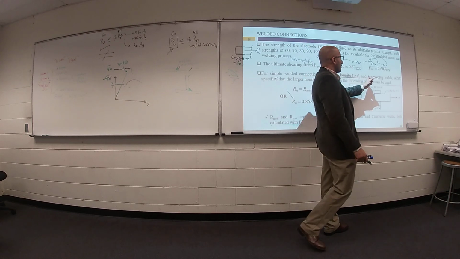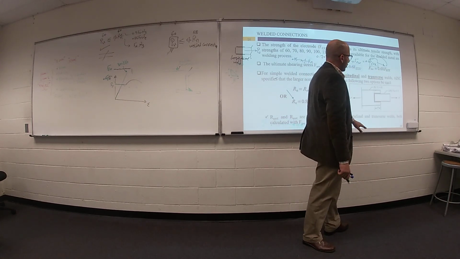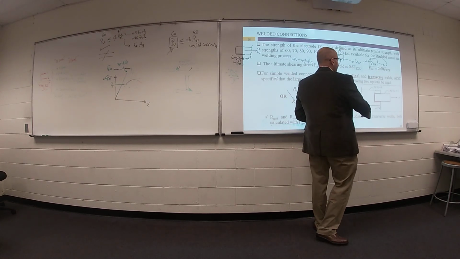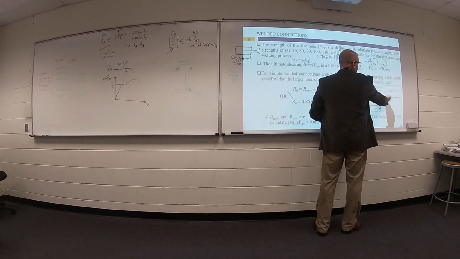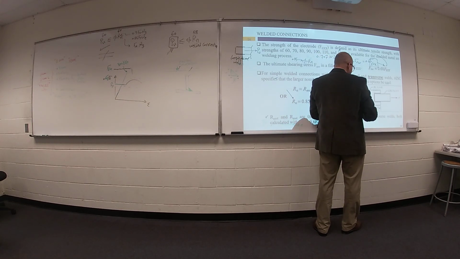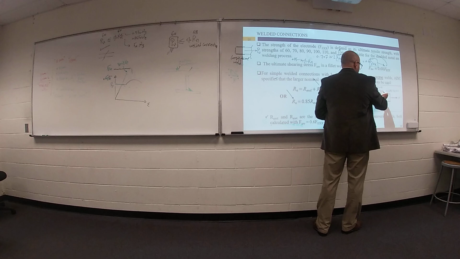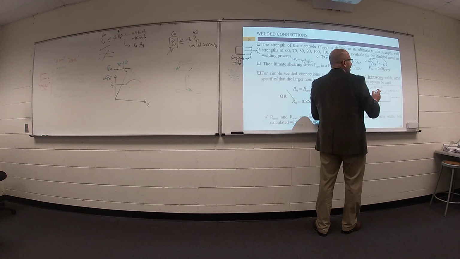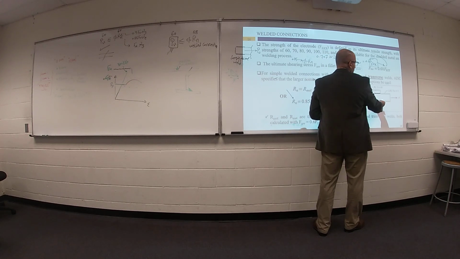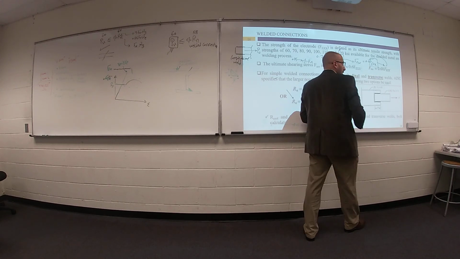longitudinal and transverse weld at the same time, like this one, your gusset plate, your member, and you did welding in this direction and this direction, which is called longitudinal. Why longitudinal? They are parallel to your load.